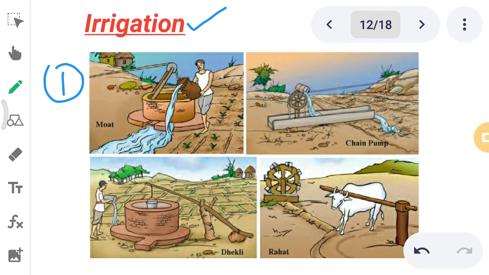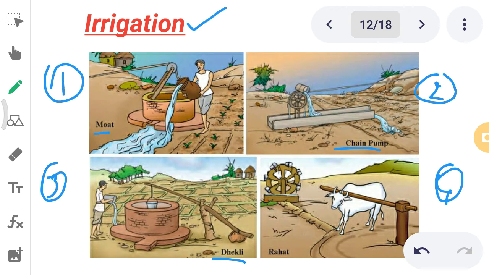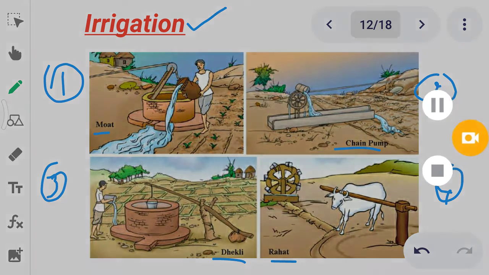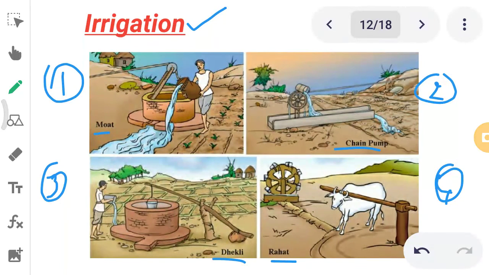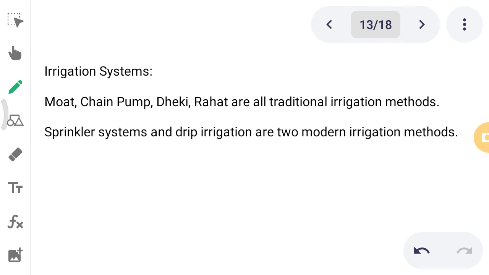Irrigation, in our 8th class, we have 4 methods of irrigation, that is by using moat, chain pump, dhekli, rahat.